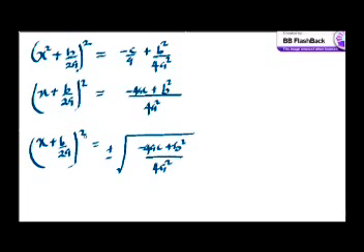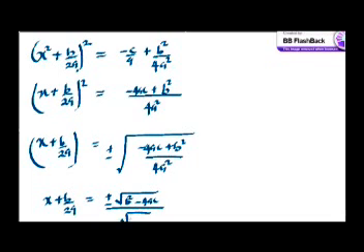Okay, this one goes out, sorry about that. So here I'm going to have x plus b over 2a is equal to plus or minus, if I rearrange this, I'll have b² minus 4ac all over the square root of 4a².